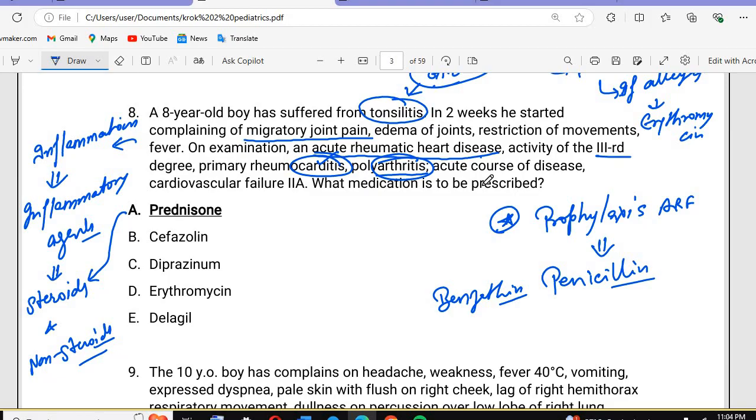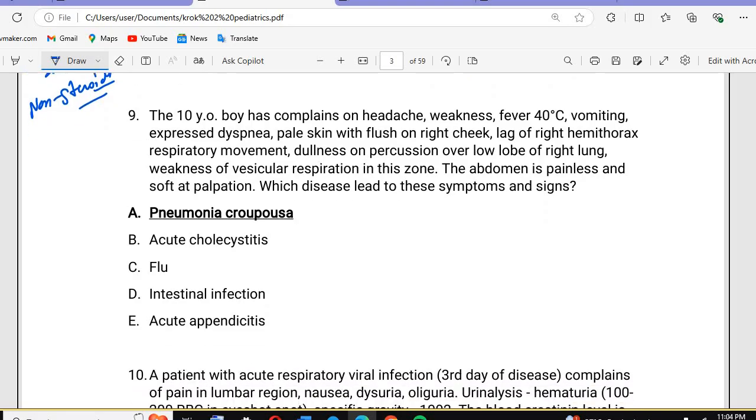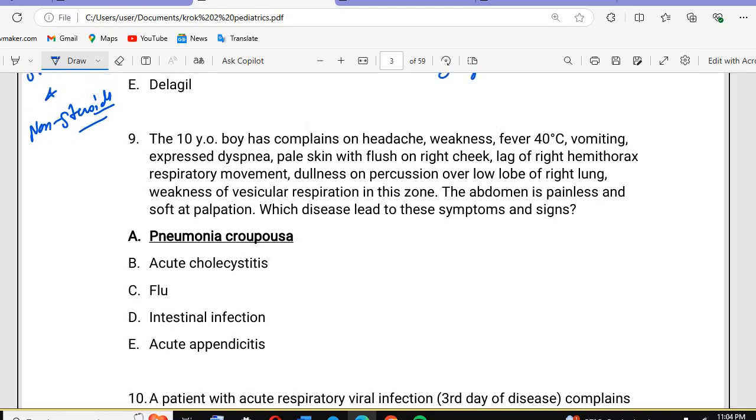For example, if a drug has the side effect of vomiting, you have to start ondansetron, the drug for vomiting. Okay, don't worry about anything.